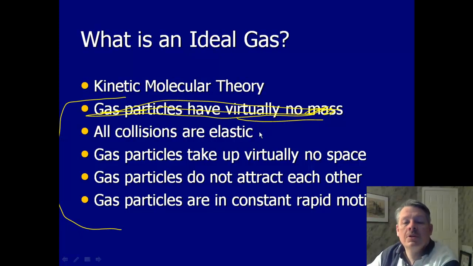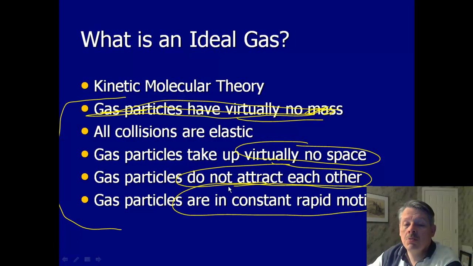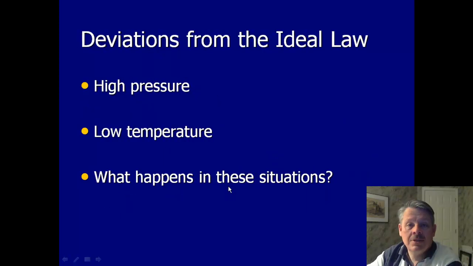All of their collisions are elastic, meaning they bounce off each other all the time. They do not attract each other. That is key. They bounce off each other, and they don't sit down and attract each other and hold on to each other, because if they did, they'd become a liquid. Okay, so they don't attract each other, and they're in constant, rapid motion. They're always moving.